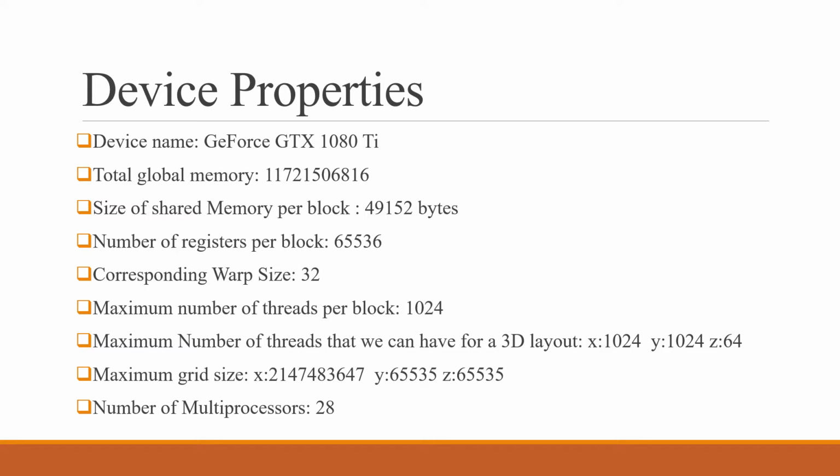The device name is GeForce GTX 1080 Ti and it has a global memory of nearly 11 GB. There are so many properties, but these are some of the important properties like shared memory, number of threads, grid size, and multiprocessors. This is a basic overview of the properties of the device that I'm using.